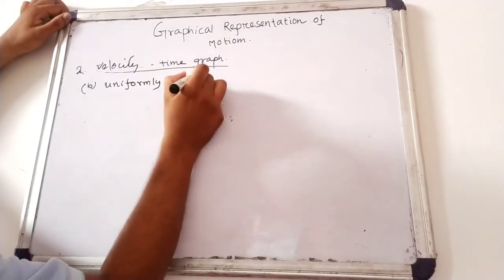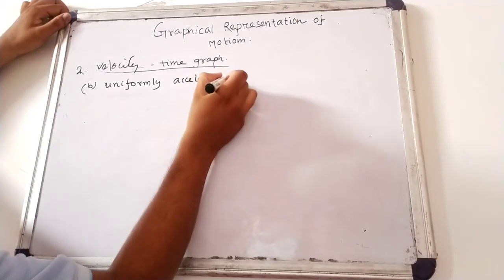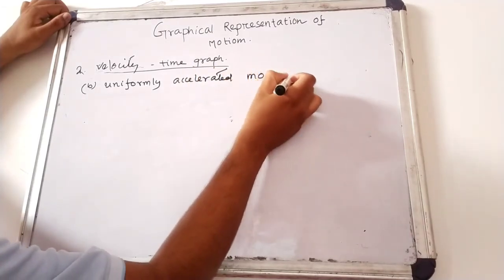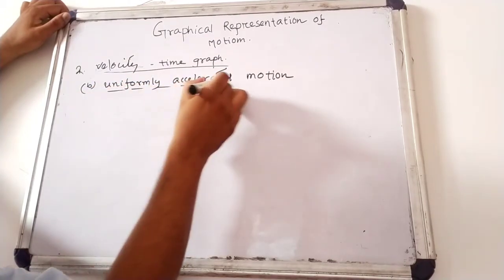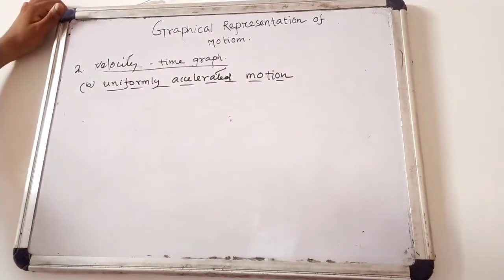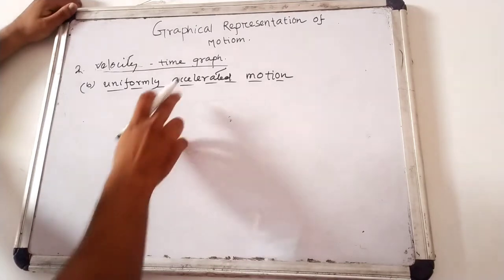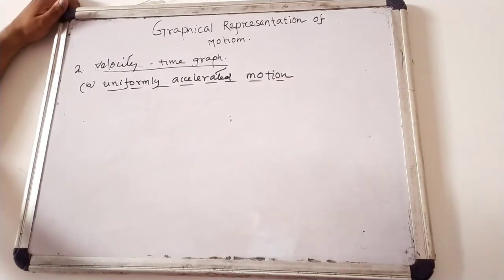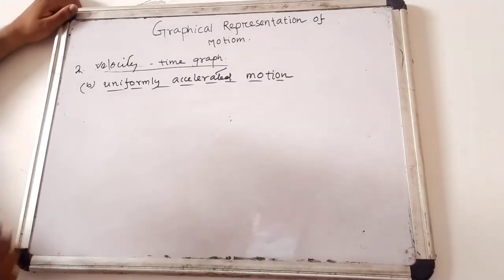So for acceleration, velocity has to be increased, and uniformly means velocity will increase at a constant rate.